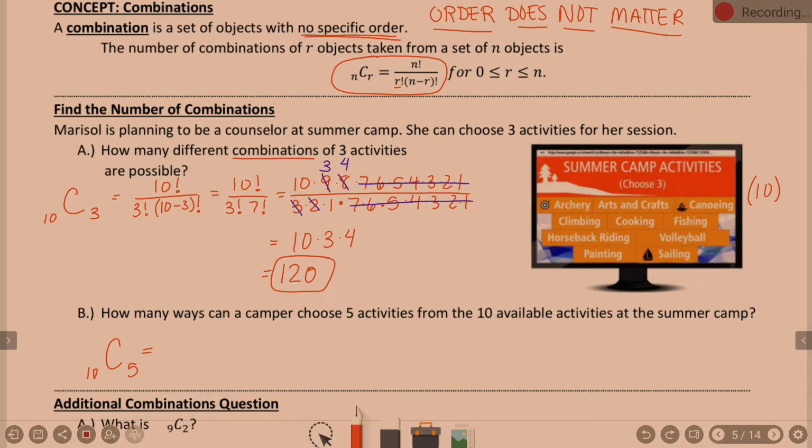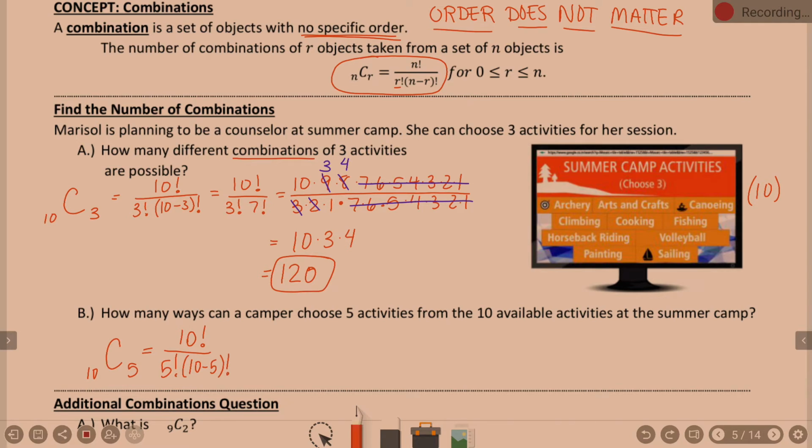So if we set this up, we set this up, what goes on top? On top is always going to be the bigger number, left number. On bottom, we have the littler number first, so 5 factorial, r factorial, and then the 2 numbers subtracted.